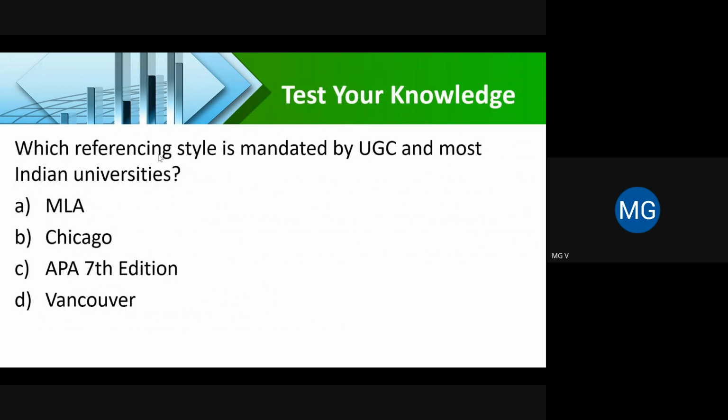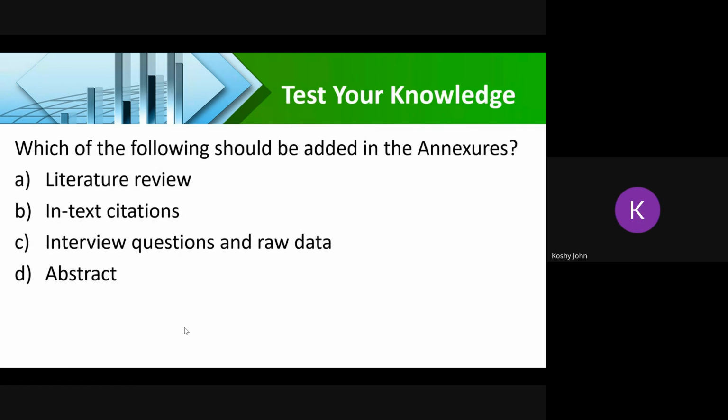Which referencing style is mandated by UGC and most Indian universities? It's APA, right, the latest 7th edition. Which of the following should be added in annexures? Interview questions and raw data. Right, interview questions and raw data.